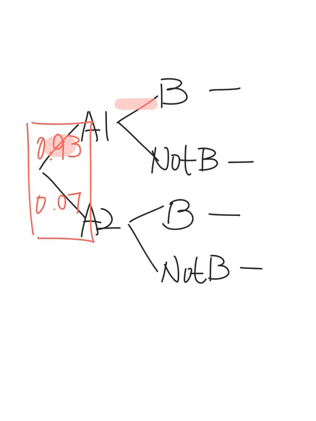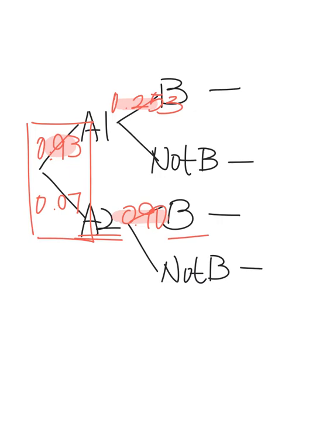Yes, here is 0.253. Which one was the 0.90? Which one was the 90%? This one was the 90%. Among the patients, 90% of patients, they are smoking.